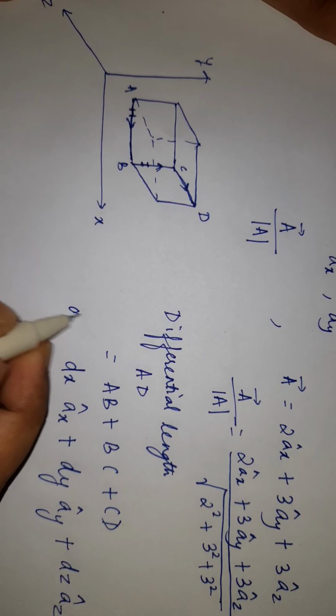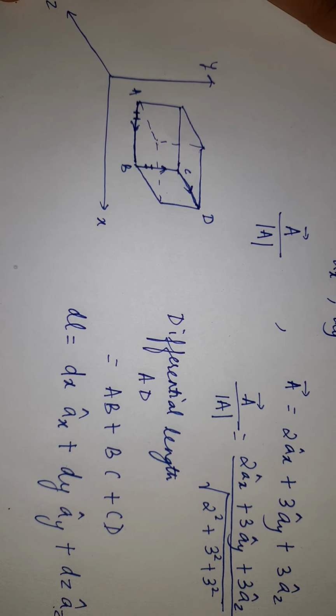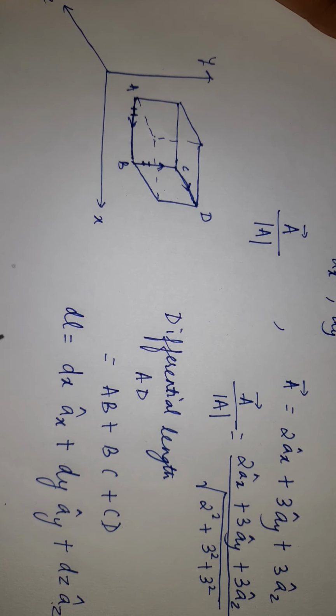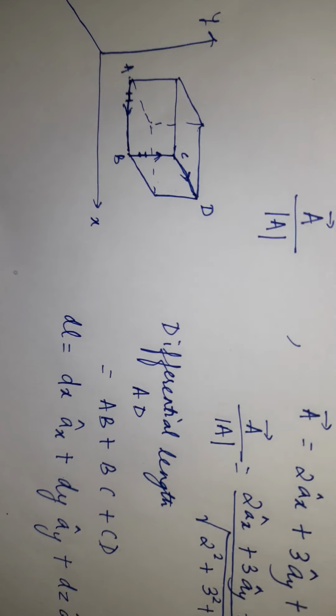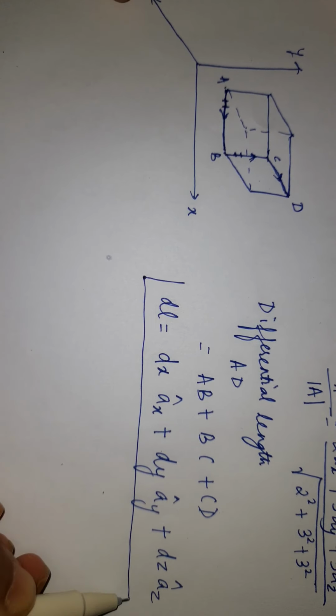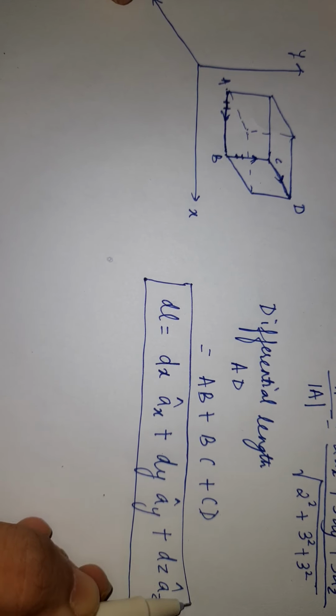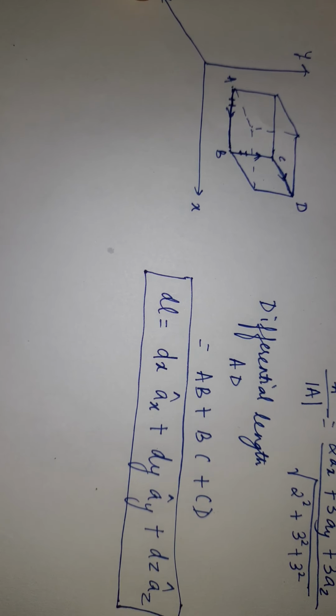This is how we define our differential length. In questions that will be given to you, you can differentiate it and find out the length of what is required. This is how you define the differential length in the Cartesian coordinate system.